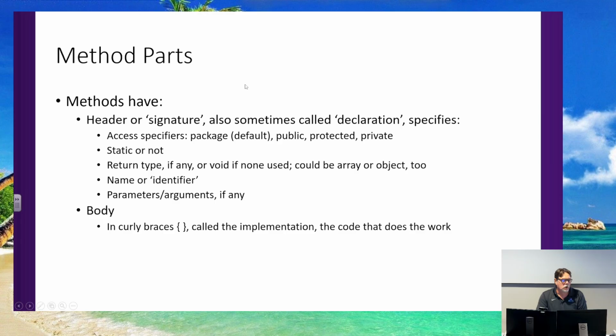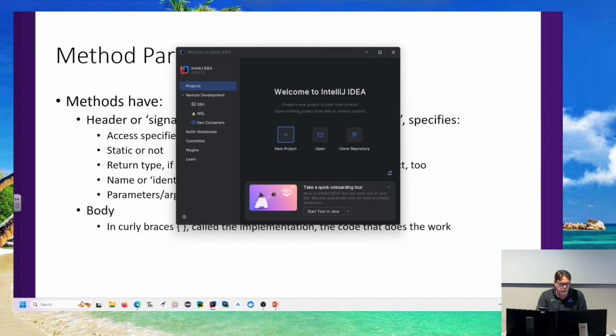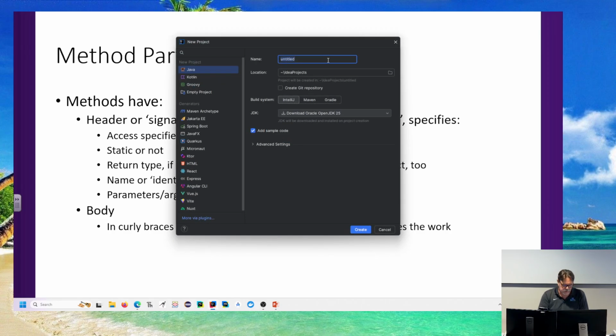Yeah. So the parts of a method. We're going to have a signature, a declaration, and it's going to specify a bunch of stuff. So it might be easier at some point for me to switch over to IntelliJ and illustrate some of this stuff.